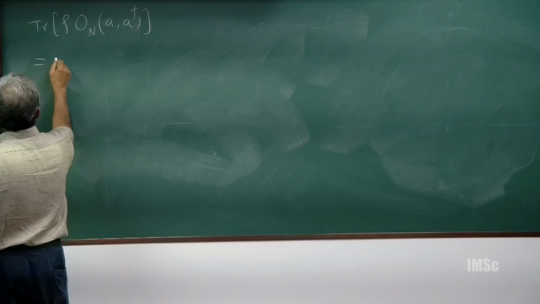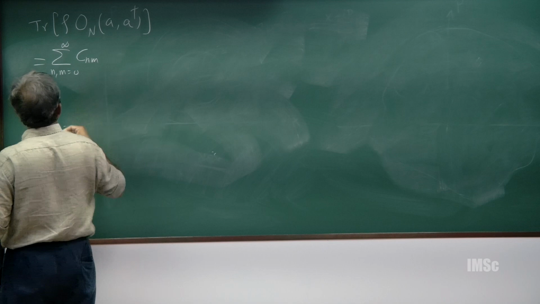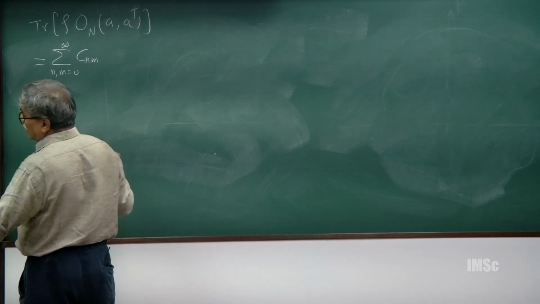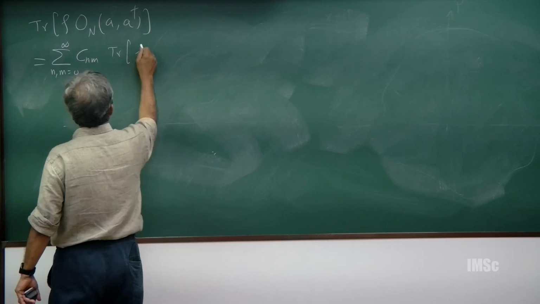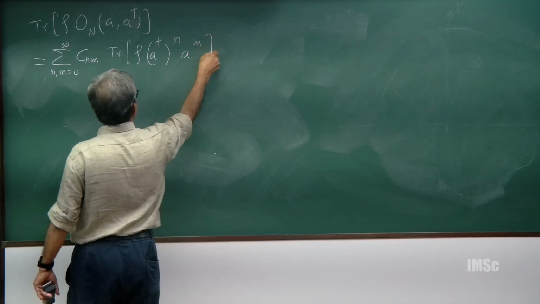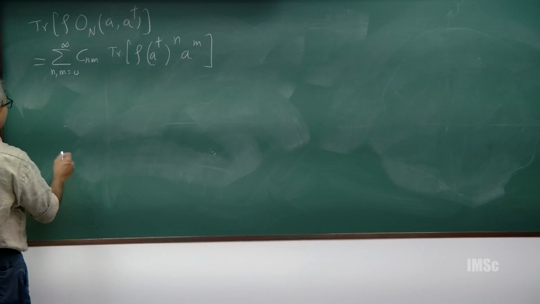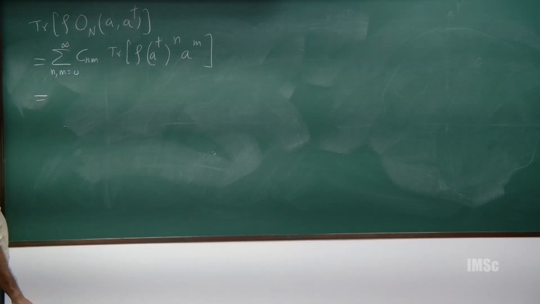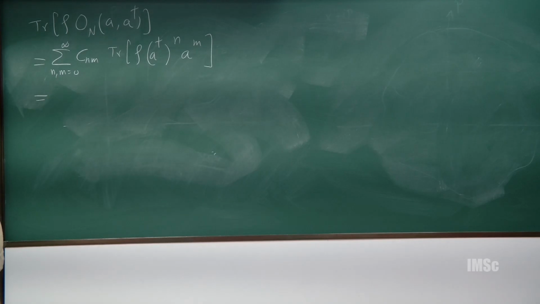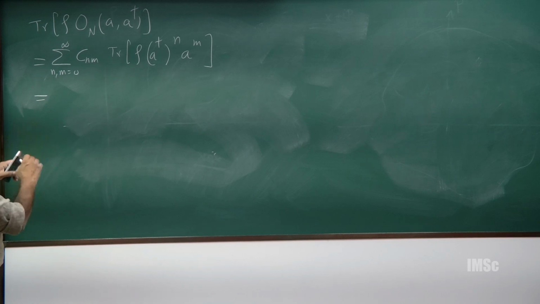So, this will be the sum over n and m equal to 0 to infinity of C_nm, then this is trace of rho A dagger to the power n A to the power m, correct? Okay. So, now I use a trick here.